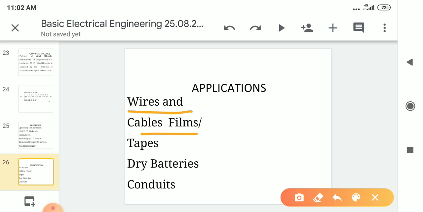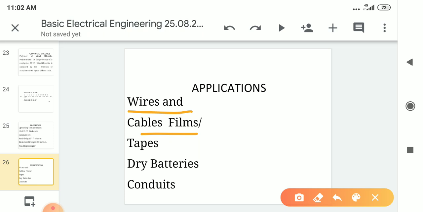The ceiling rose, these PVC pipes and the joints and four-way junction boxes, like that. So many small applications, different shapes and parts are used in the wiring. Almost all of these conduit pipes are made with PVC only.